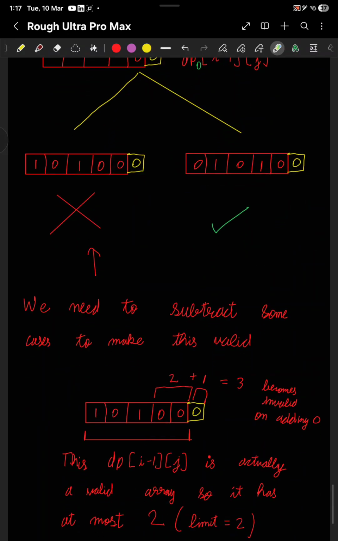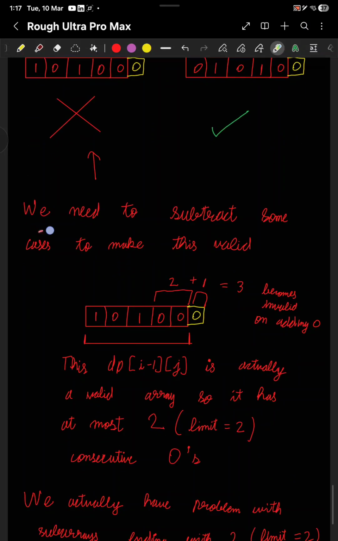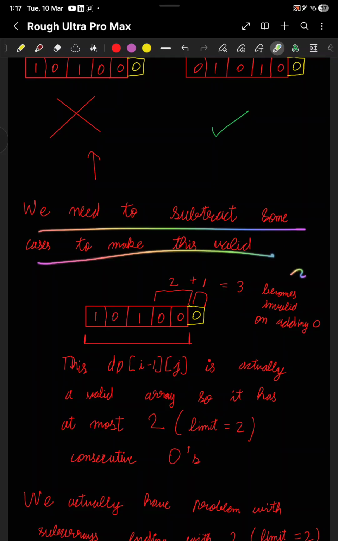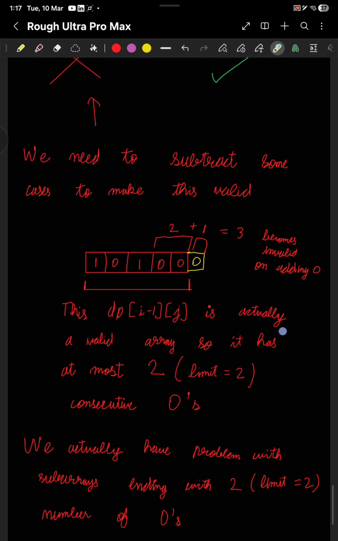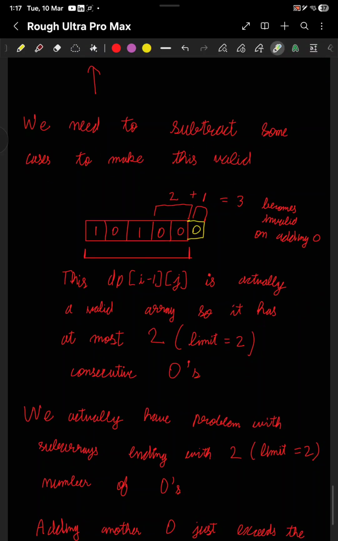So how to remove this problem? This count is 3, which exceeds our limit. So like it is written, we need to subtract some cases to make this valid. This was 2, and then we added a 0, so it became 3, and it is invalid now. dp of i minus 1 comma j is a valid array, so it has at most 2 consecutive zeros.